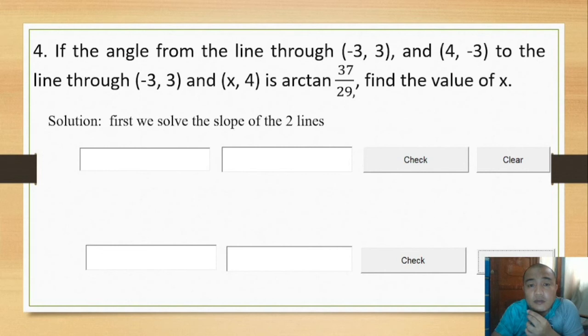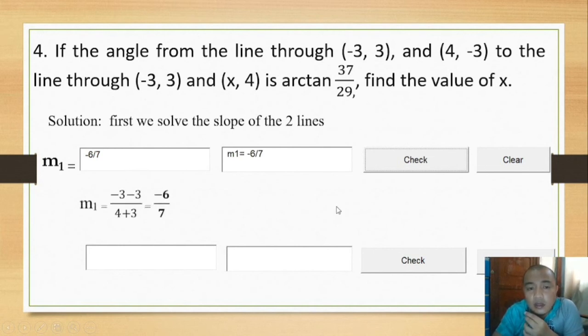Let's start by first solving the slope of the two lines. So what is the slope of line 1? Negative 3 minus 3 is negative 6. 4 minus negative 3 is 7. So negative 6 over 7. Correct? Yes, the slope of line 1 is negative 6 over 7. How about the slope of line 2? 4 minus 3 is 1 over x plus 3.